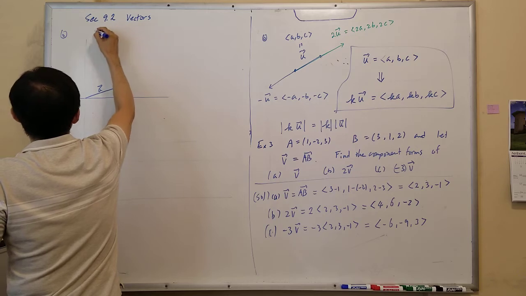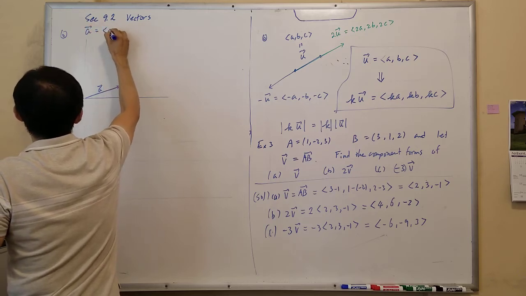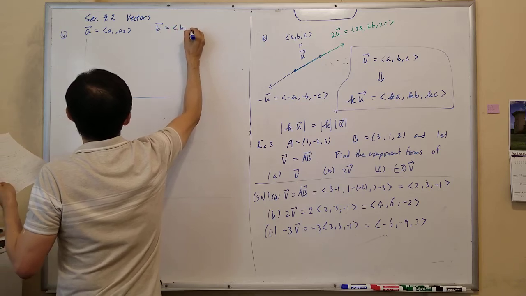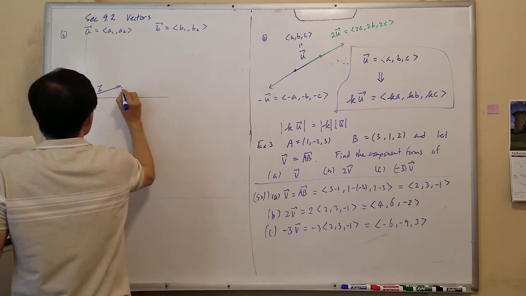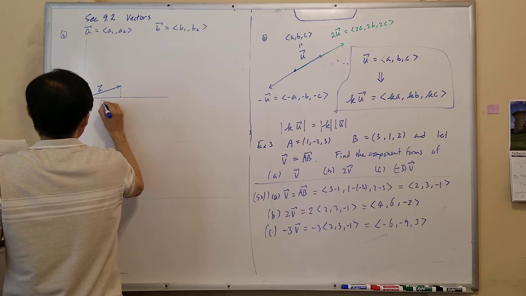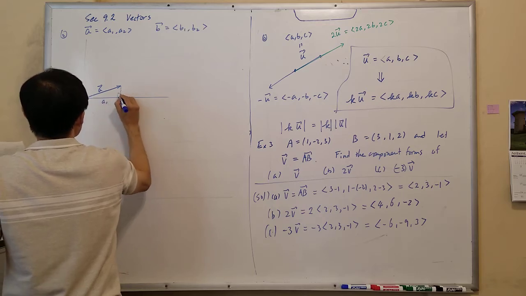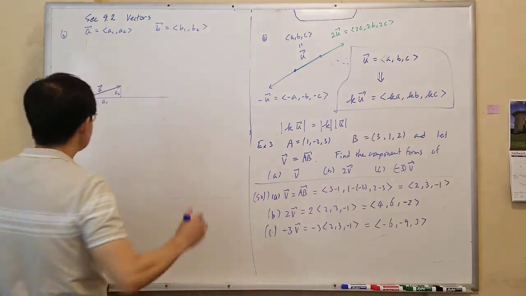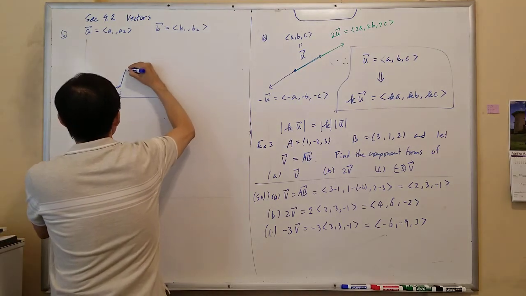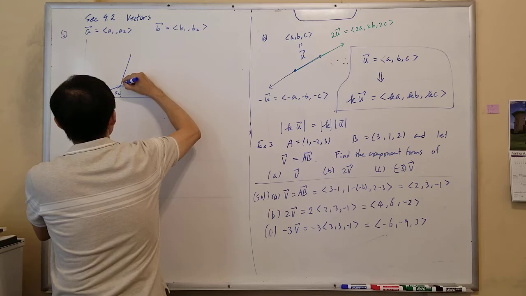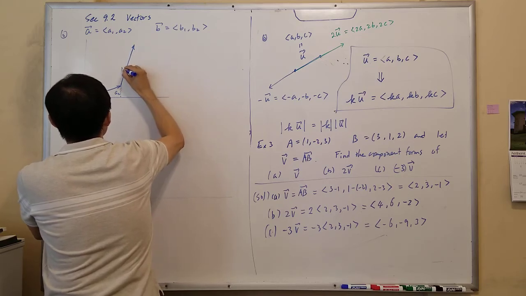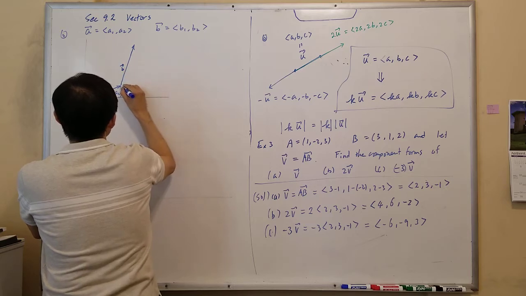Let's say vector A is (A1, A2). Vector B equals (B1, B2). So if I draw vector A from here, this is (A1, A2). Now I draw vector B starting from here. This is vector B.